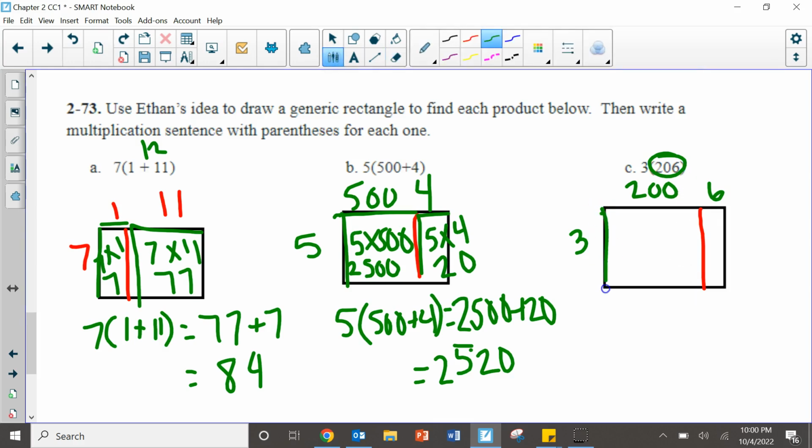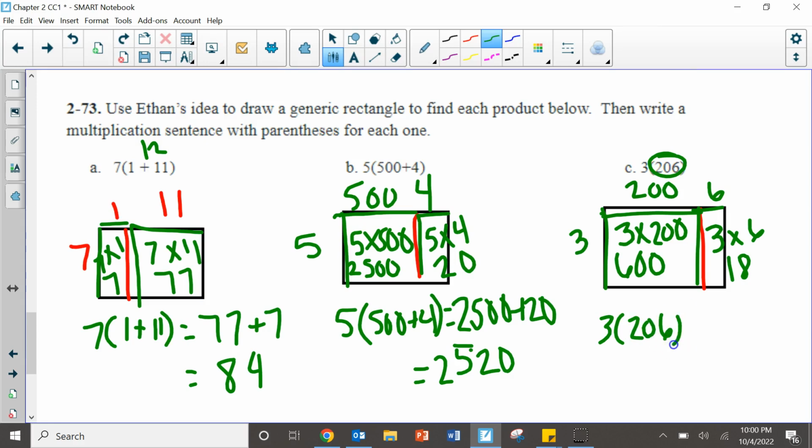So this is a 3 by 200, so that is 600. And this is a 3 by 6, so that is 18. So 3 times 206 is equal to 600 plus 18. So that is 618.